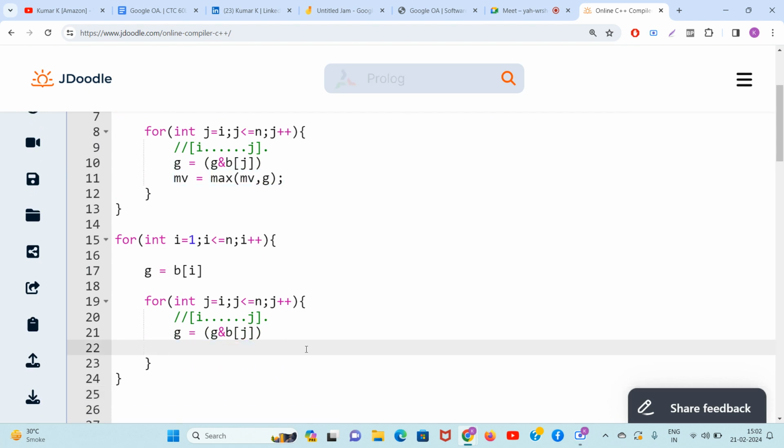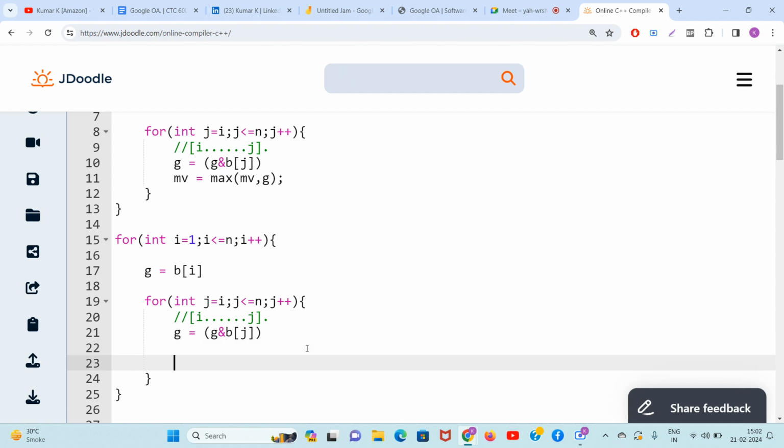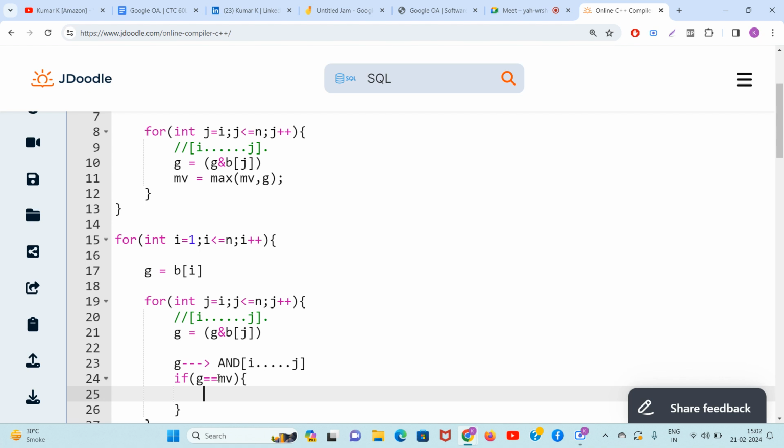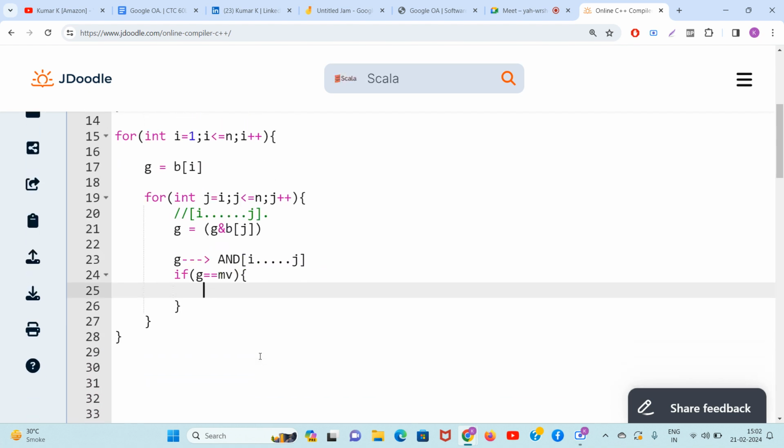I will directly check. See, g. Guys, what is the meaning of g? Can anyone tell me? g is nothing but the AND of all the values from i to j. If the AND of all the values from i to j is for sure the maximum I have calculated before, if this subarray is surely the maximum, then you need to calculate the size now.